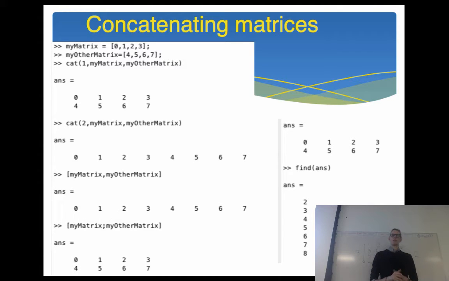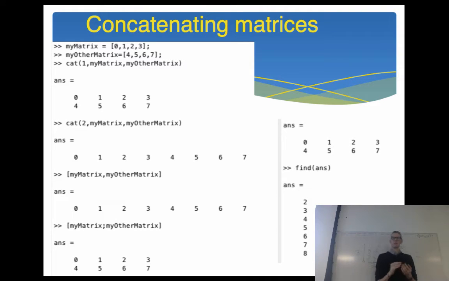And the first number is actually telling us in what dimension I want to concatenate these things together. So I want to concatenate them together in dimension 1, which is down the screen, and therefore it will glue the first matrix, 0, 1, 2, 3, above the second matrix, 4, 5, 6, 7, and we end up with this two-dimensional matrix where they've been stuck together in the first dimension.